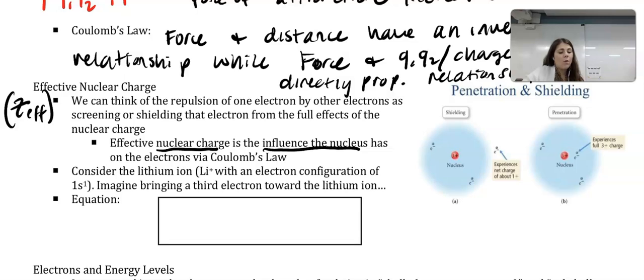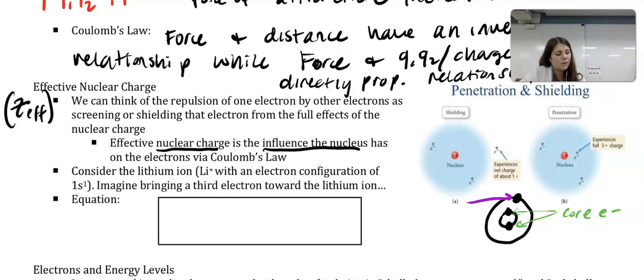With this screening and shielding, I have the picture off to the right. I'm just going to do a quick Bohr diagram of lithium, because that diagram is talking about lithium. These two electrons right here are my core electrons, while this one right here is my valence electron.